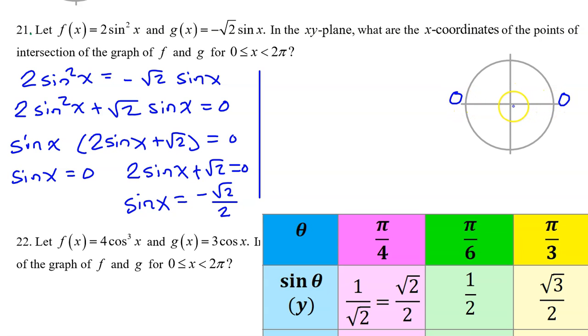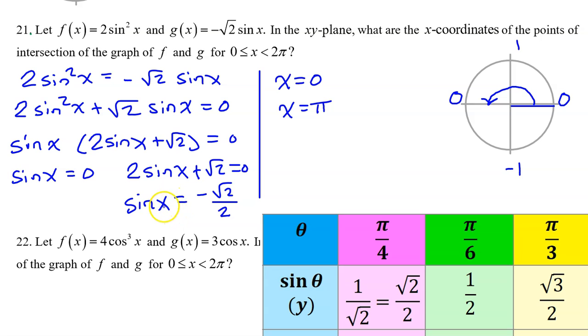So right at the beginning, this is 0 radians, so we have x is equal to 0, but then over here this is at pi radians, so x is also equal to pi. Up here at the top the y value is 1, down here at the bottom it's negative 1, but we were looking for where sine is equal to 0, so that's here and here.